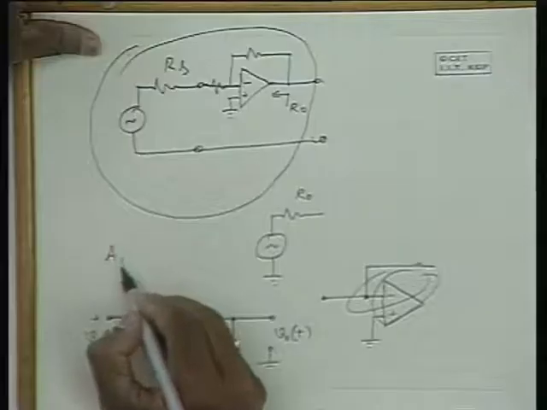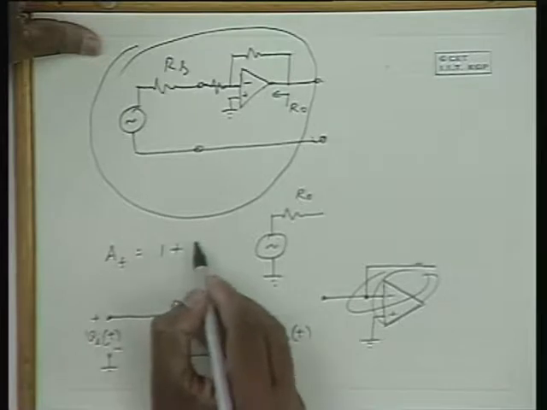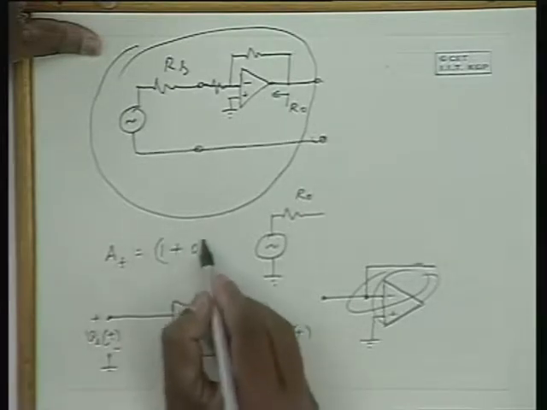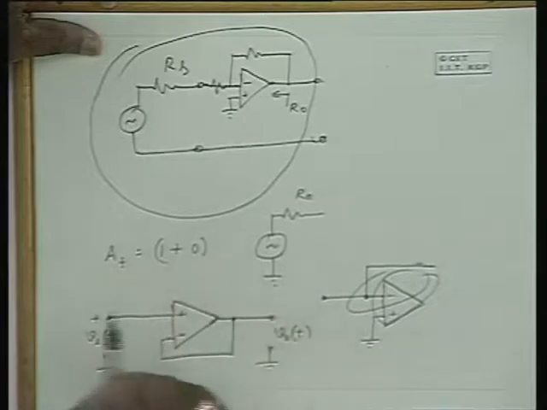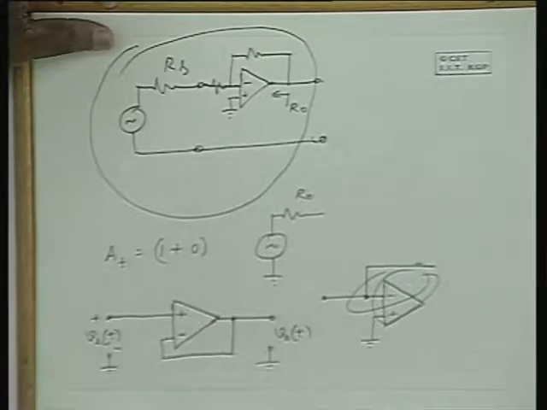In this case, the gain is equal to 1 plus RF by R, which is equal to 0, and that is equal to 1. So here the gain is equal to 1, hence it is a source follower.